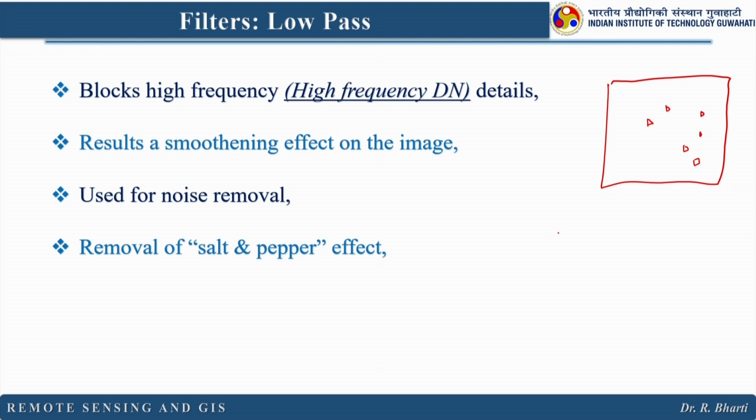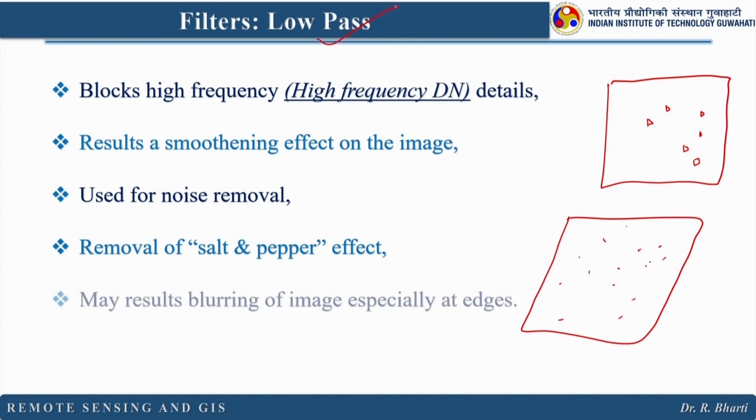Some of the time in your image you may find there are a few pixels with bad values. It is something like putting salt and pepper on a white paper. Those effects will be removed when you run the low pass filter, and may result in blurring of the image, especially at edges.